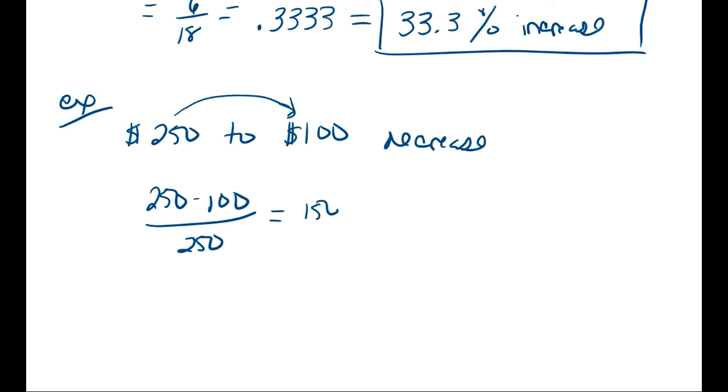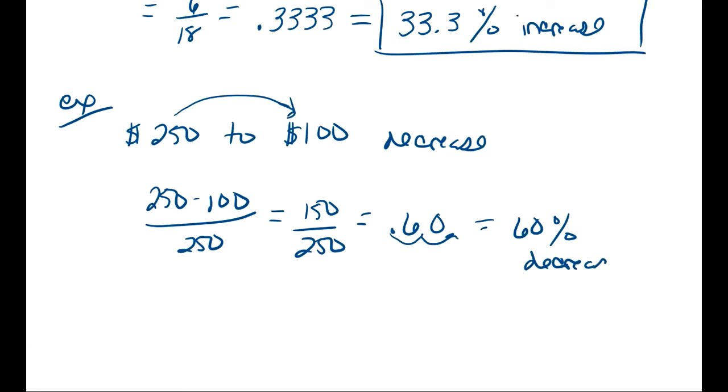And I'm going to take 150 now here over 250. Again, trust that you can do the division, and you're going to get 0.6. But now we have to move that 2 decimal places, which means we need to get a 0 in there in order to get 60%. So this is a 60% decrease.